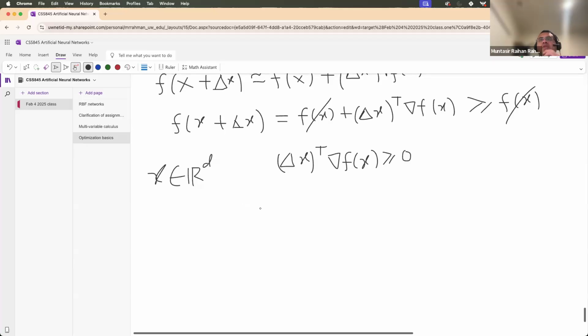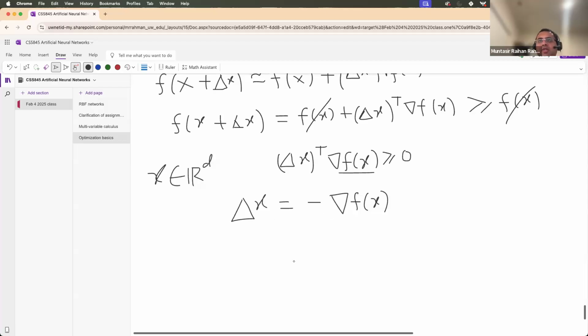In particular, I can choose delta x to be the negative of del f of x. Is this a valid choice? Do the dimensions match up? They do, right? Because delta x is also in R^d, and we know that the gradient is also a d-dimensional vector. So this is a valid choice.